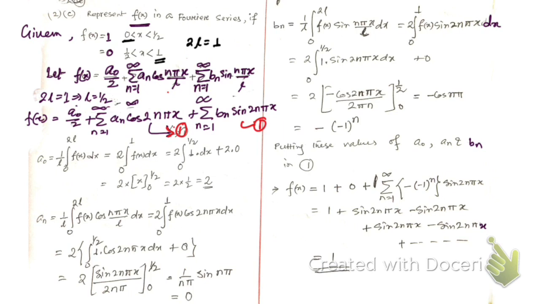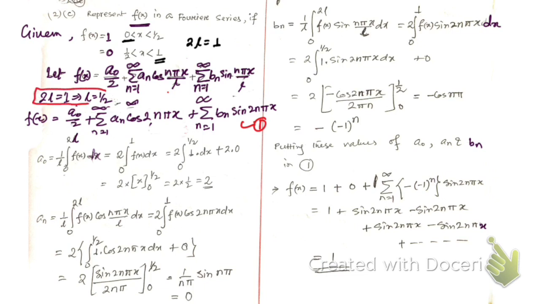Now you see, a naught is equal to 1 by L integration from 0 to twice L of f of x dx, right? Now here, just replace this L by half.